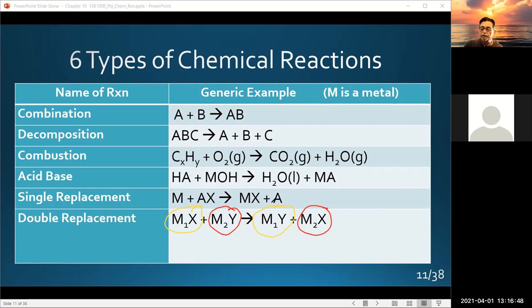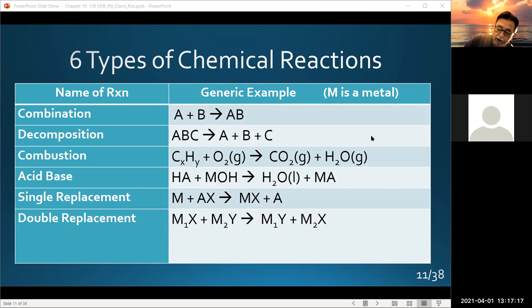If one of them is soluble, and let's assume that maybe this one, M1Y, is soluble, then we put the physical state of S, which means we get a precipitate. So it becomes a weak electrolyte, and it precipitates and it gets cloudy. And that would be a positive reaction, only if one of the products is insoluble in water, in an aqueous solution, I should say.